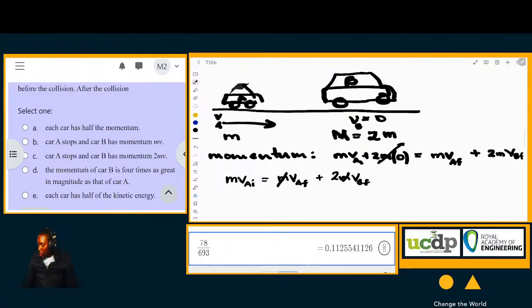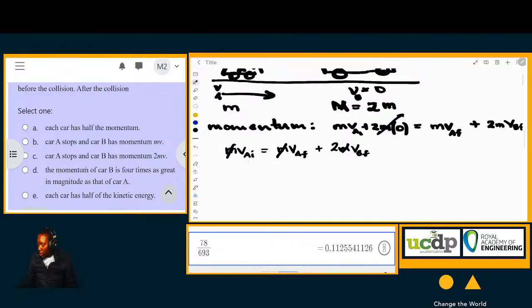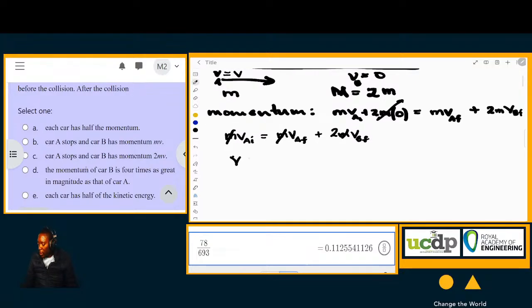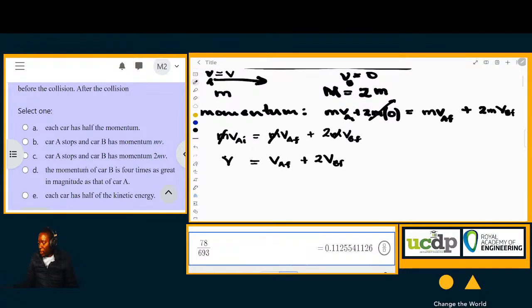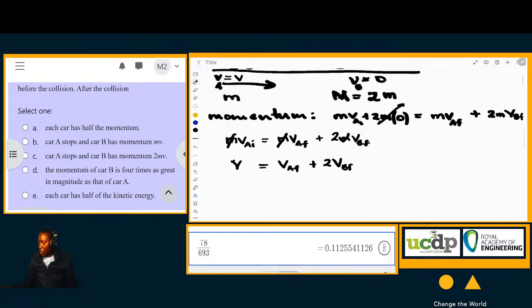Cancelling the m, it leaves us with a simple equation. VA initial is equal to V, so we can express it in terms of V. So we can now say V equals VA final plus 2VB final. This is our first equation, which is based on conservation of momentum.